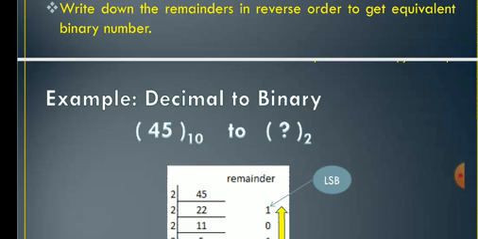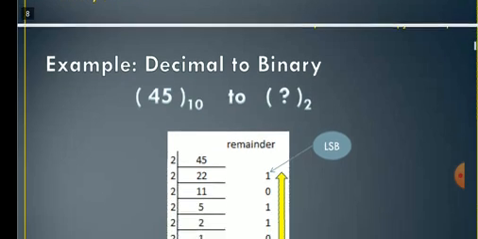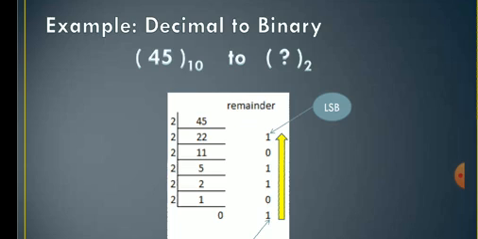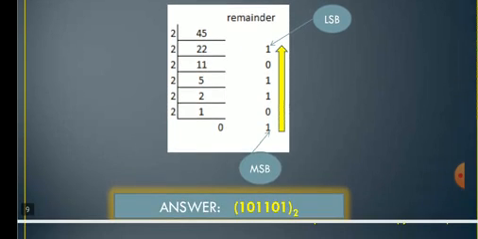Now decimal to binary will use the successive division method and divide that number using the binary base, that is 2, and the remainder should be written on the right side of the division method. And after writing everything, we should start from MSB to LSB when we write all the answers.